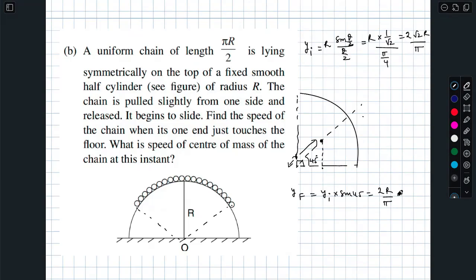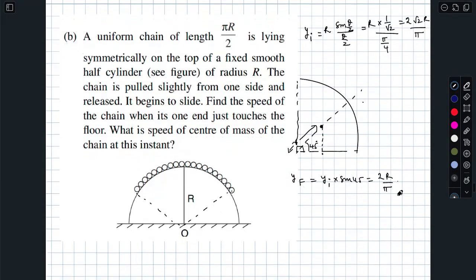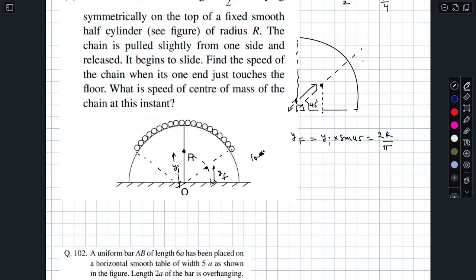So now what you want is, earlier center of mass is here at yi. Now the center of mass is here somewhere, which is yf. Now what will you do? Loss in potential energy is gain in kinetic energy.